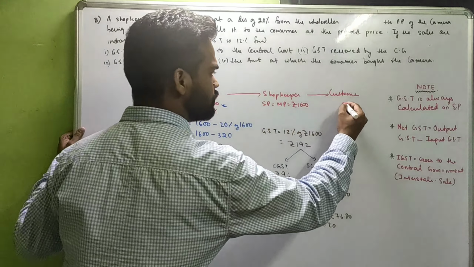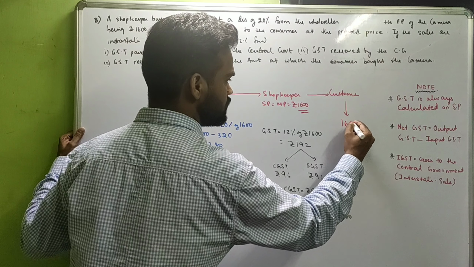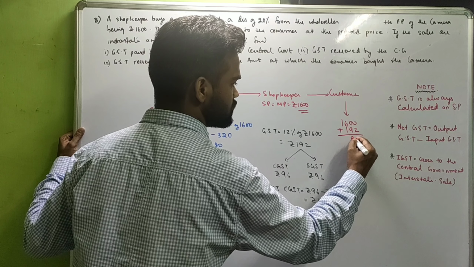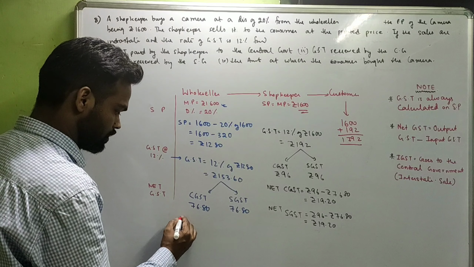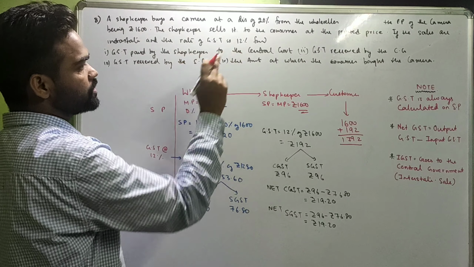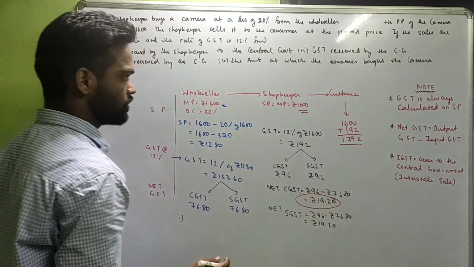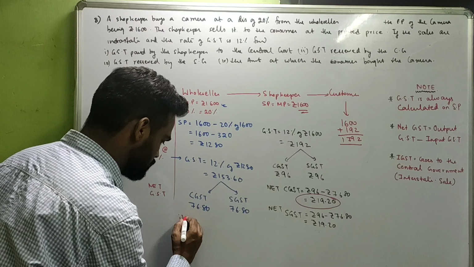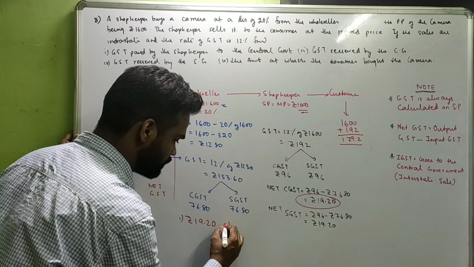Now what does the customer pay? Definitely rupees 1600 plus the tax, which was 192. So the customer pays this. Now look at what they're asking. GST paid by the shopkeeper to the central government. The shopkeeper pays net GST, okay, which is rupees 19.20. Done.